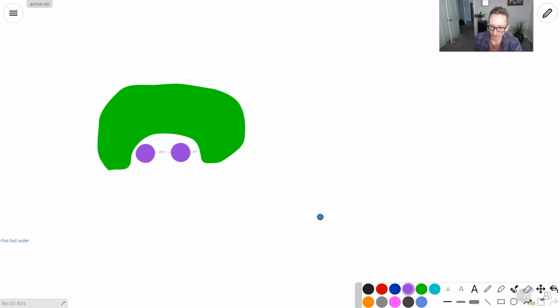What's going to happen now is that these are closer, this enzyme is going to basically change its shape. Like so. And it's going to crunch down on these guys and smush them together.